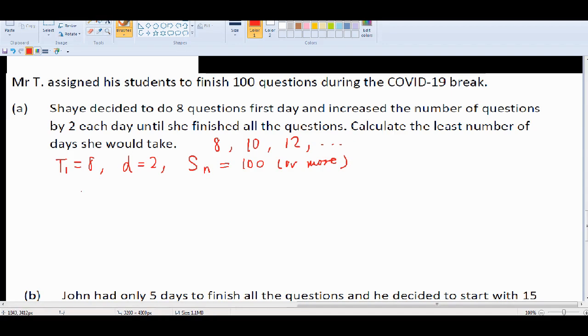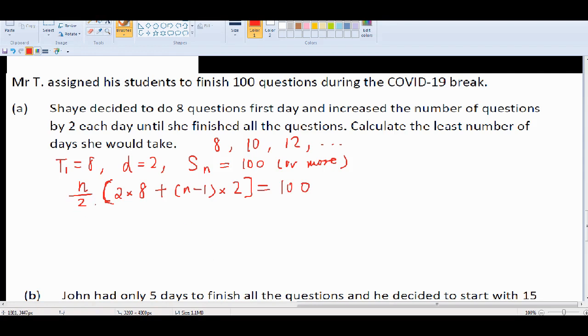So the formula would be like this. For Sn equal to 100, we have n over 2 times T1, plus (n minus 1) times d, and the whole thing equals 100, right? And we need to find n.